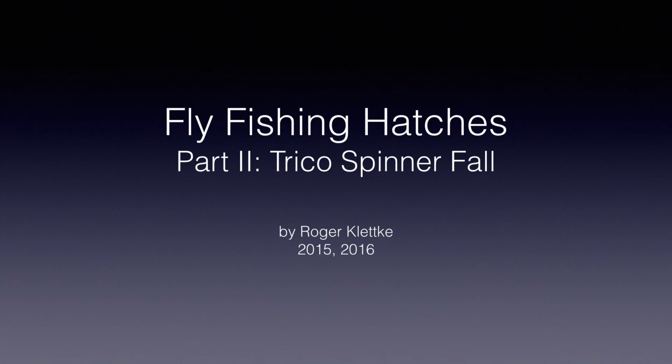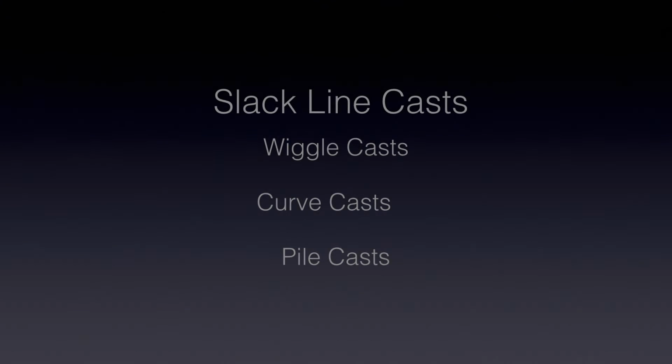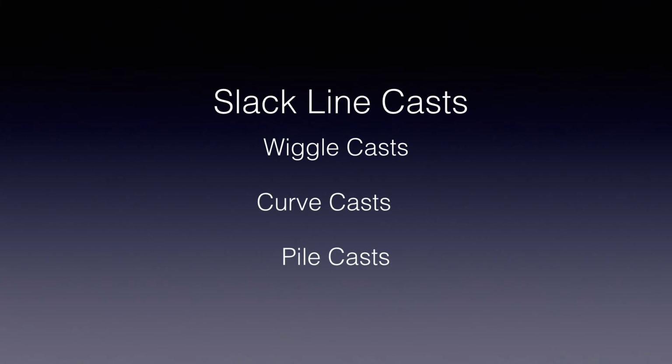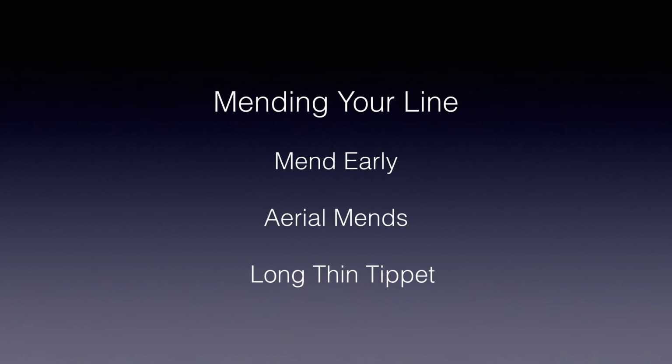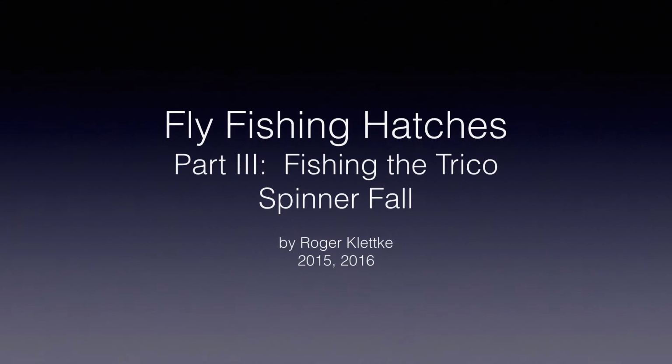In this series, we spent some time analyzing a trico spinner that we had tied, and I hope this will help you think about the flies that you tie and how they represent the natural to the trout in or on the water. When fishing the trico hatch, we briefly discussed several of the casts and mending techniques that you'll need. We have mentioned tippet selection in several videos.